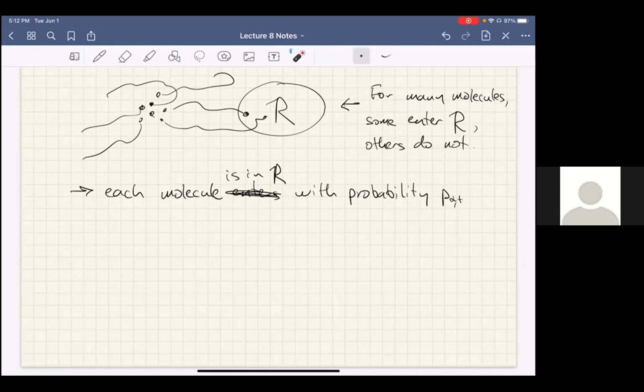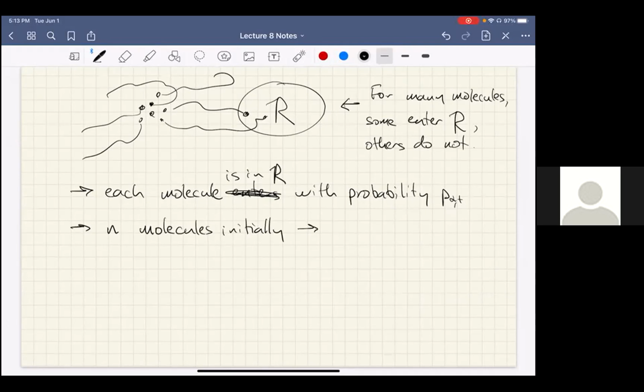And that probability is given by P alpha t. So if I have n molecules initially, then what I have is the probability distribution.